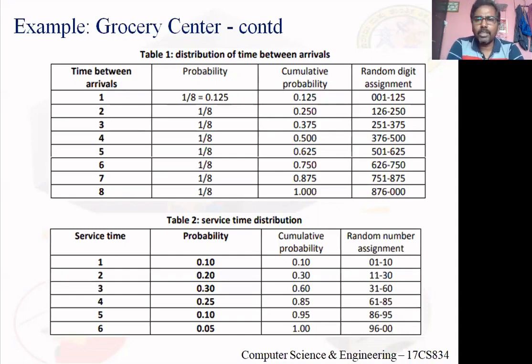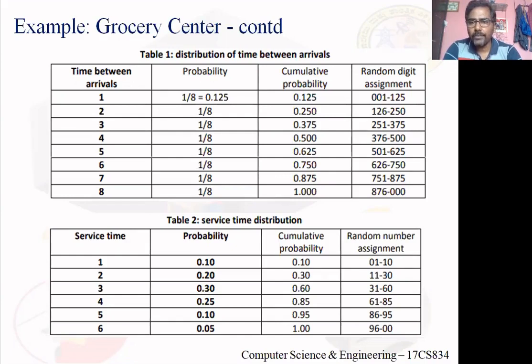This fraction will be converted into a range of 3-digit numbers, because after the fraction I got up to 3 digits. First is 1 to 125. Next, after 125, 126 to 250. After 250, 251 to 375. After that 376 to 500. After that 501 to 625. After that 626 to 750. After that 751 to 875.